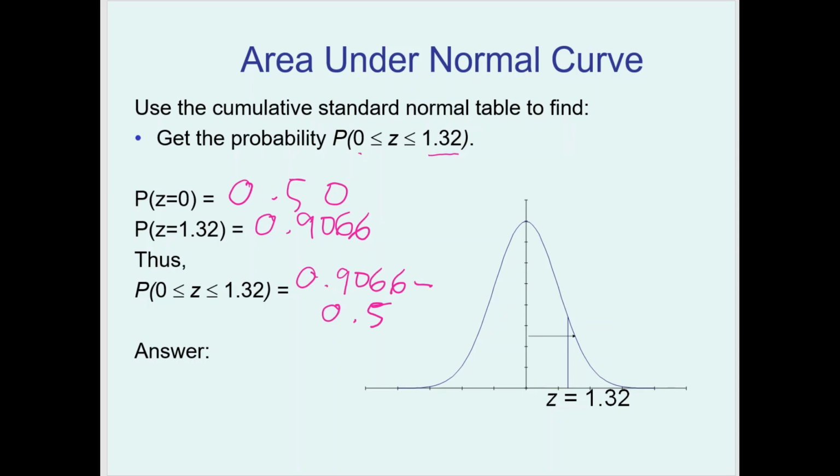The value is more than 0 but less than 1.32, so it should be between here, right? So your answer is 0.4066. This is how you calculate.